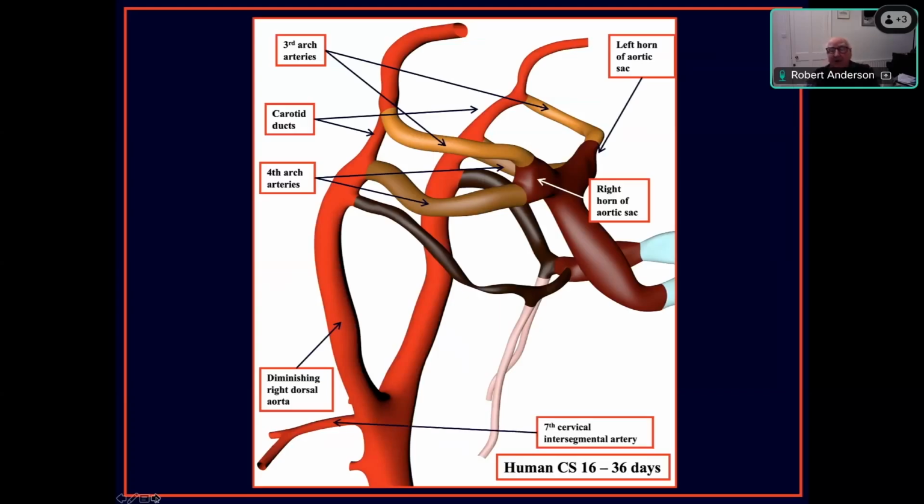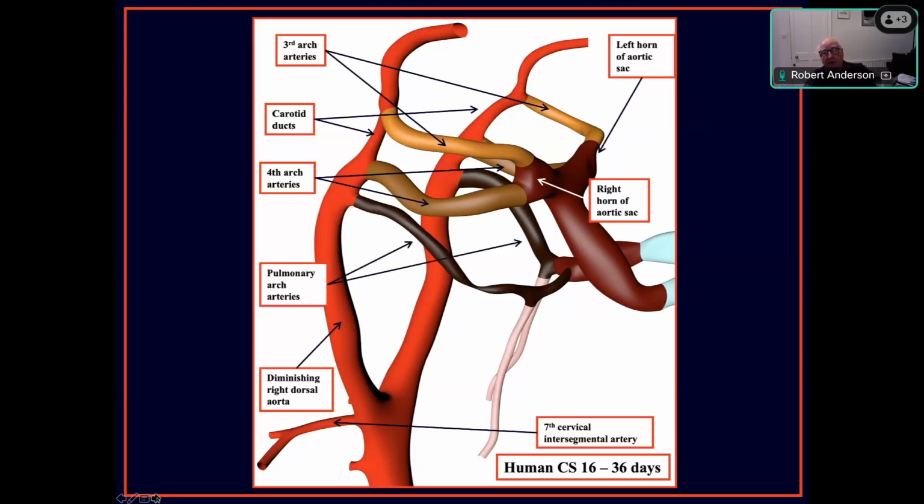Here is the seventh cervical intersegmental artery, as shown by Rathke in his initial diagram. And as you see, initially that starts off caudal to the point at which the two dorsal arteries fuse together. But that is going to move cranially. In fact, it's the heart that moves caudally, but there is going to be significant migration of the seventh cervical segmental artery on both sides.